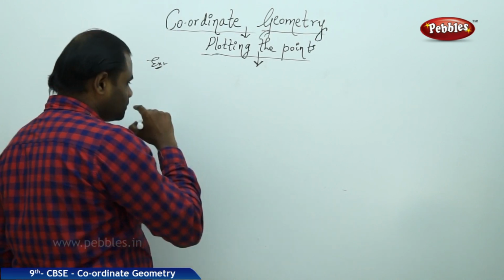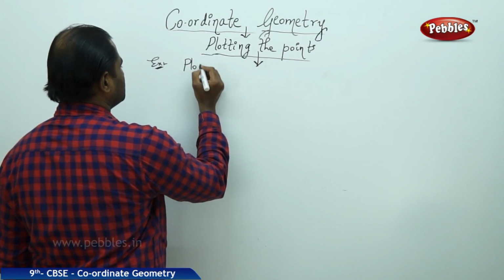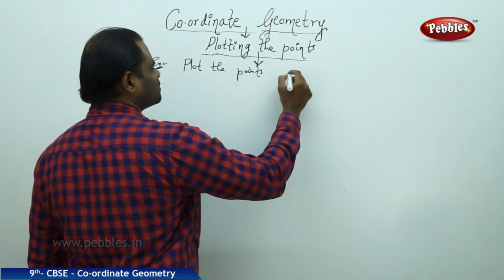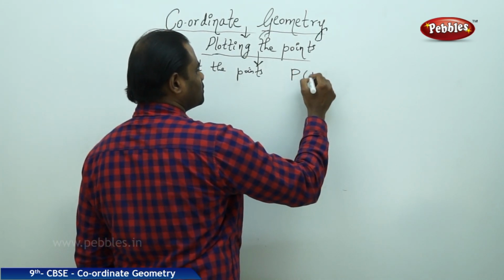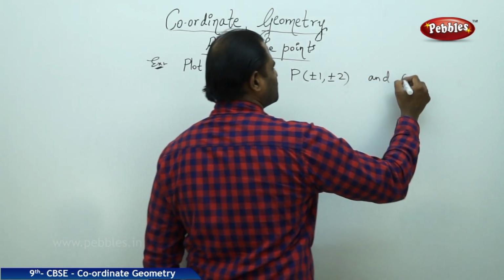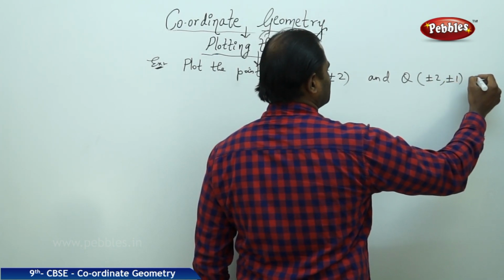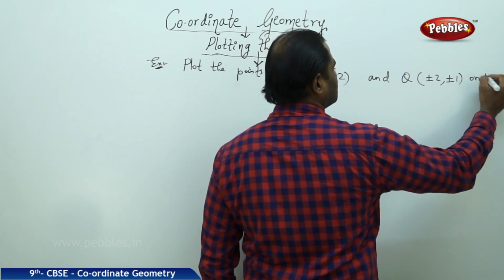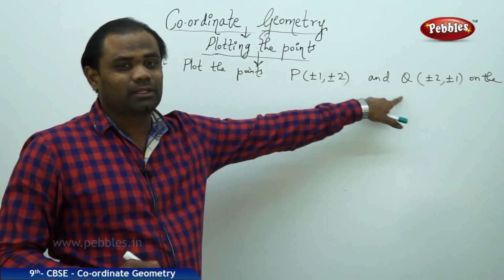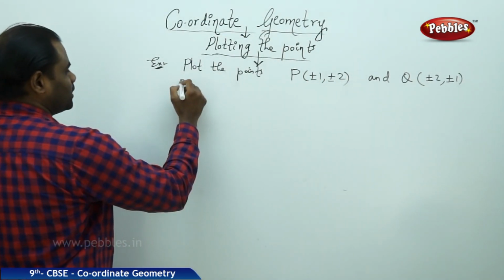For example, I have a question which says, plot the points P (±1, ±2) and Q (±2, ±1) on the Cartesian plane.